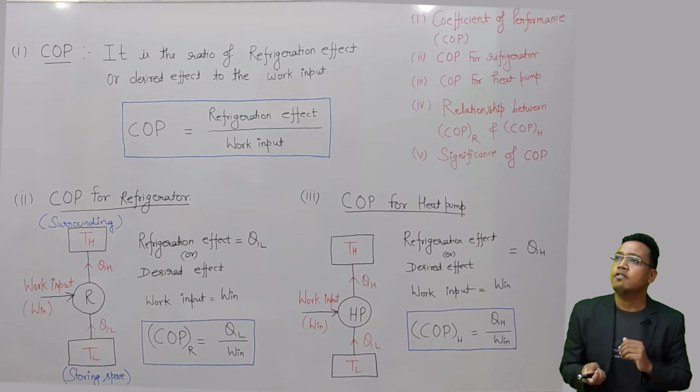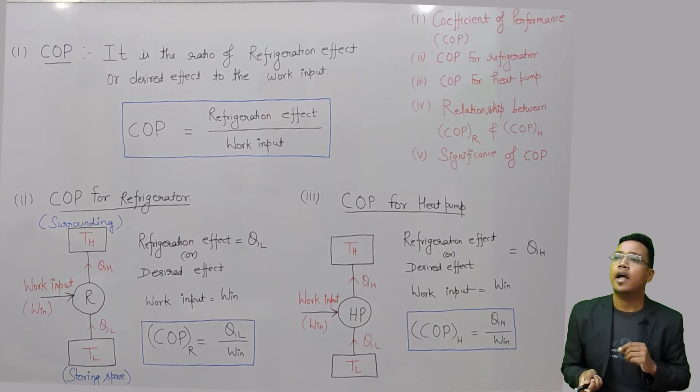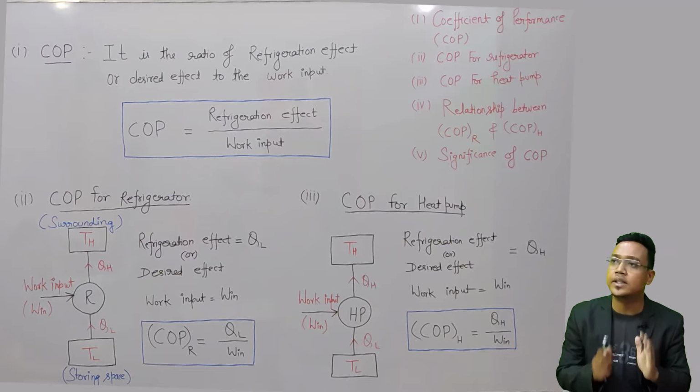Now here we see, suppose this is the refrigerator machine and this is TL, the storing space. TL is the lower temperature, the temperature of the storing space.